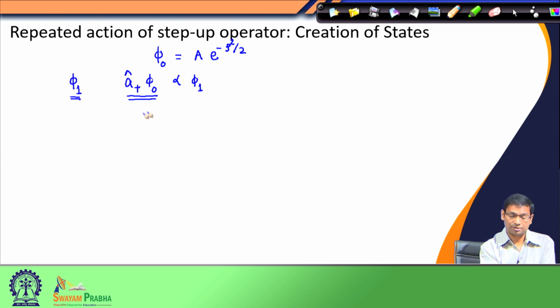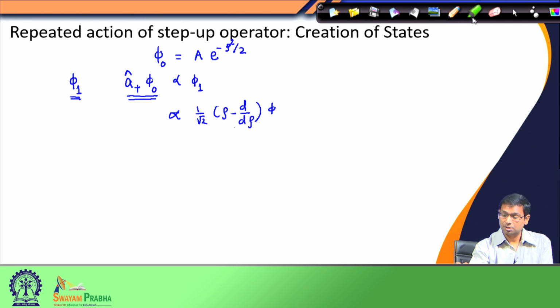I know the functional form of the a plus operator, so let us do this. This is proportional to 1 over root 2 times rho minus d by d rho. This is the a plus operator in dimensionless coordinate.